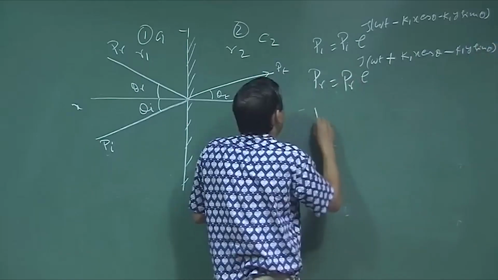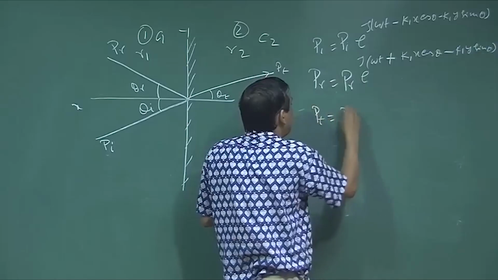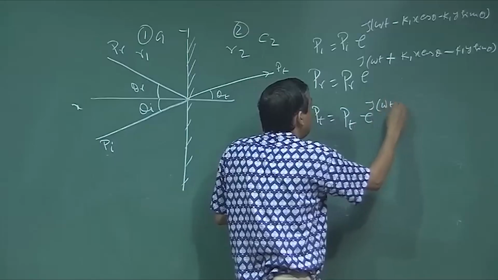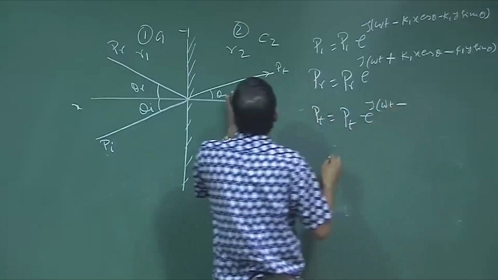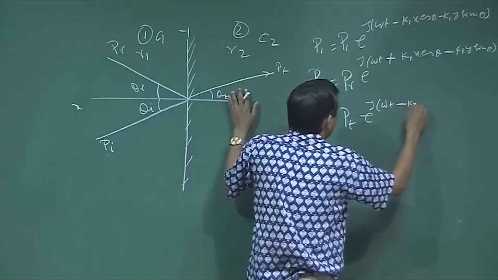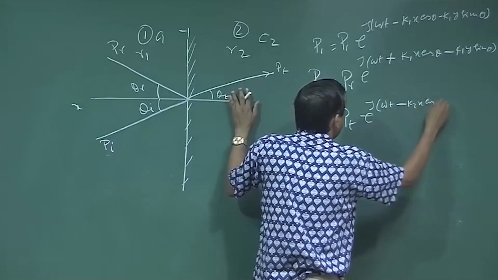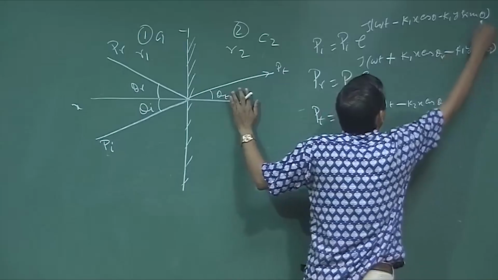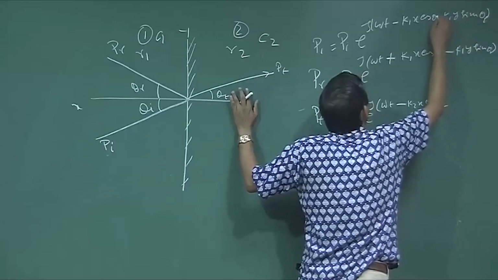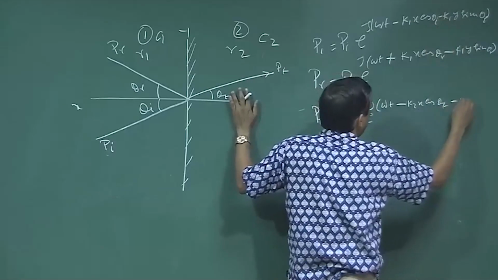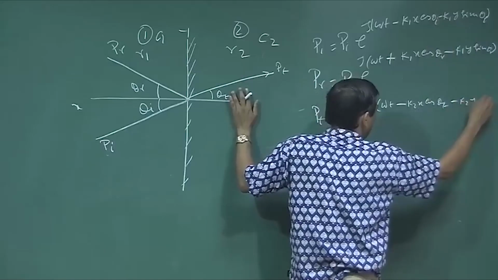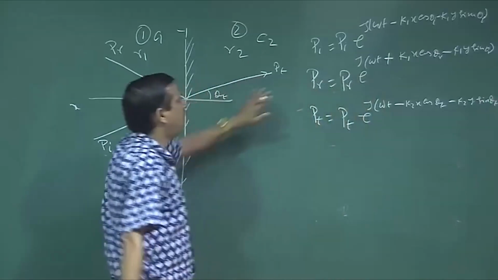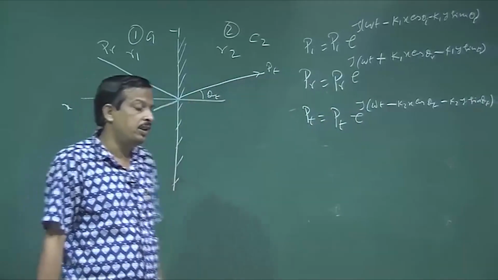And pt is the pressure amplitude pt e to the power j omega t minus, in the second medium, k2 x cos theta t minus k2 y sin theta t. Okay. So, these are the wave equations.